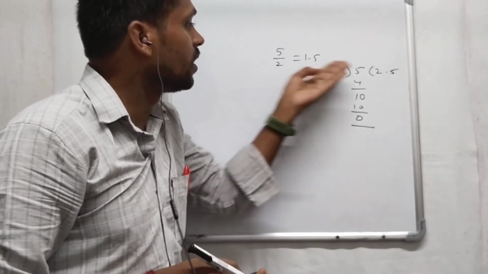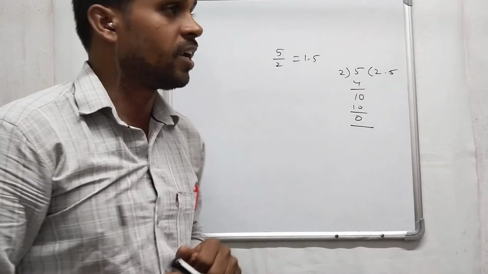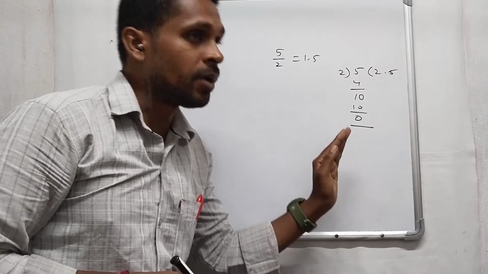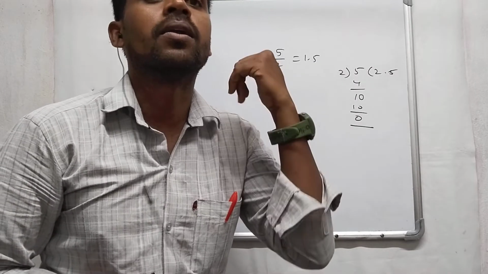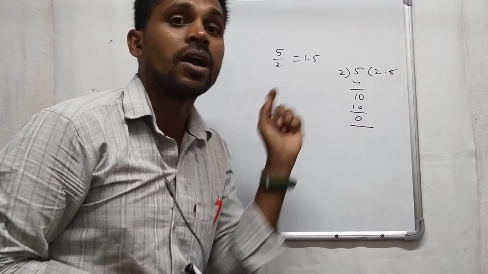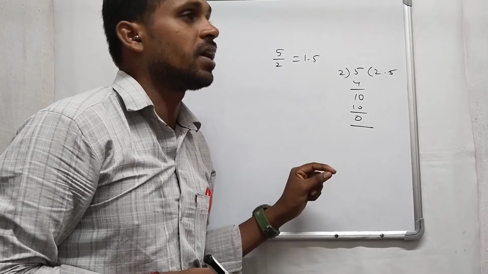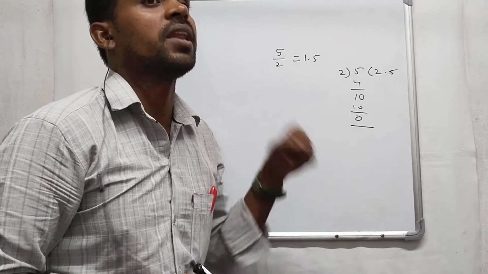So we discussed only two things: how to convert to decimal form, and in the decimal form, identifying two types: terminating and non-terminating. Terminating gives remainder 0. Non-terminating does not give remainder 0, and then we say it is non-terminating recurring.